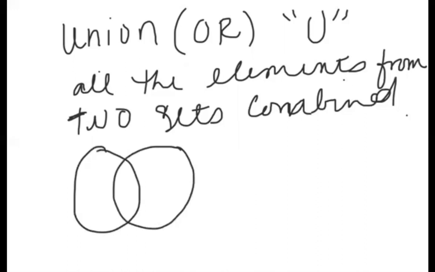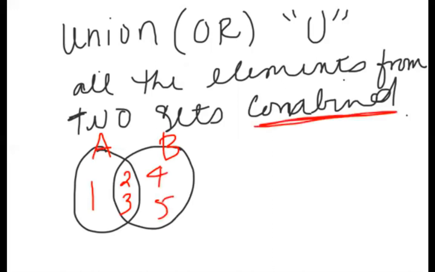Now, best way to express this is through a Venn diagram. So set A has the elements 1, 2, 3. B has the elements 2, 3, 4, 5. If they ask you the question, what is the union of set A with set B? So when they ask you this, guys, think about it. They want the 2 sets combined.